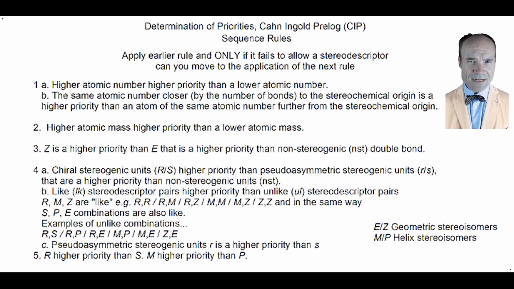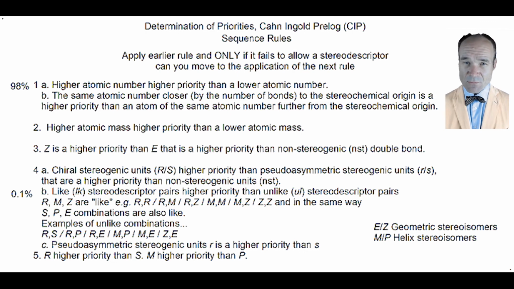In practicality, when we look at popular databases of molecules that have been made, when applying CIP rules, about 98% use Rule 1A. So almost always atomic number will allow ultimately a stereo descriptor to be assigned when one can be assigned.